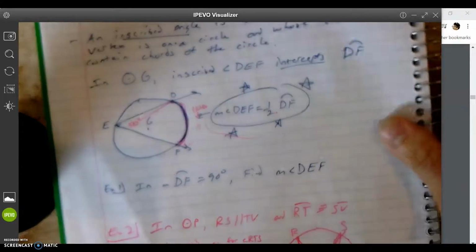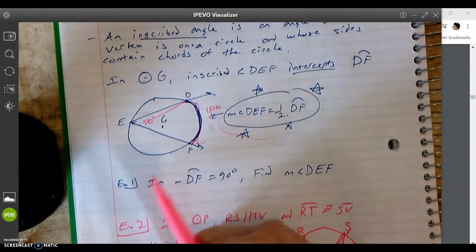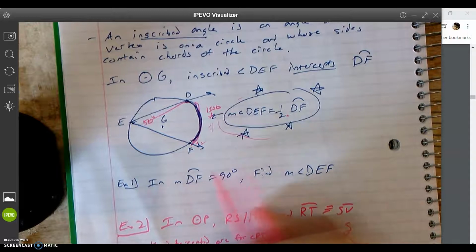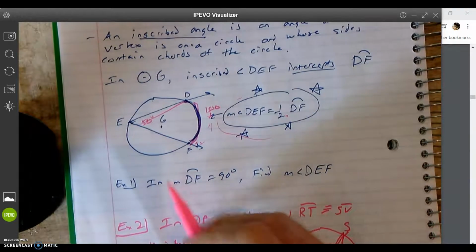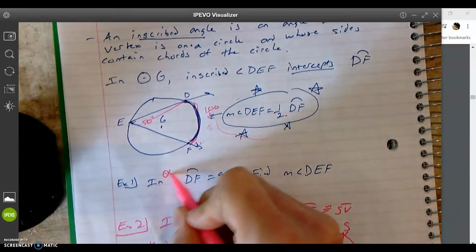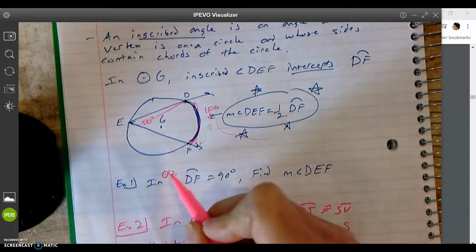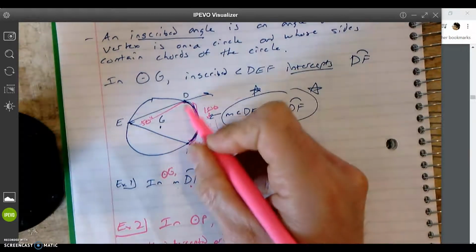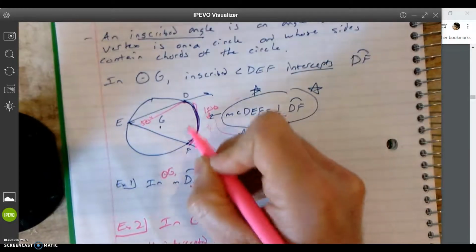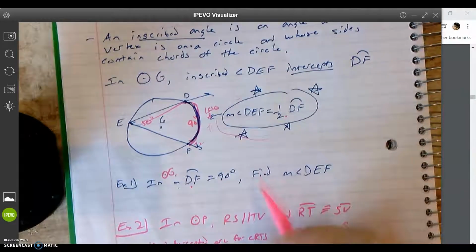Such as, here's example 1. If you have trouble reading this, that's okay. Just go back to the PDF, it's all there. In circle G, the measure of arc DF is 90 degrees.